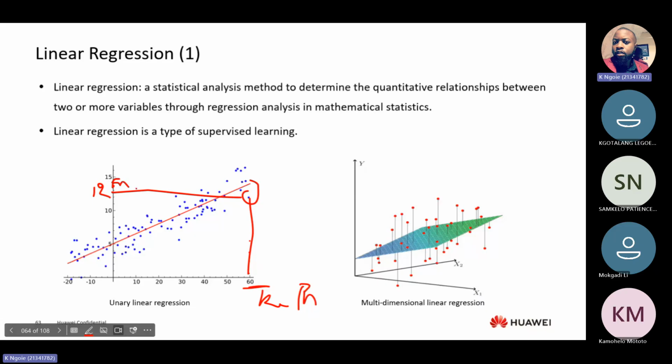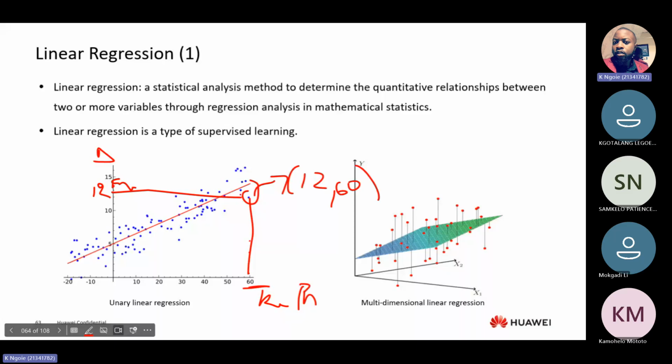Can you see? So it's basically the information of this data here. Let's say this is the distance, this is the velocity, the speed. So the information of this point will be something like 12 and 60.